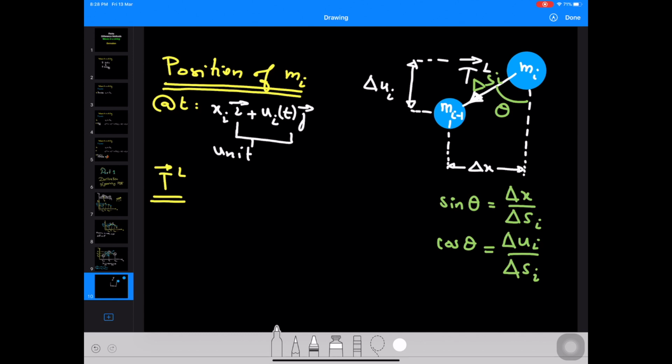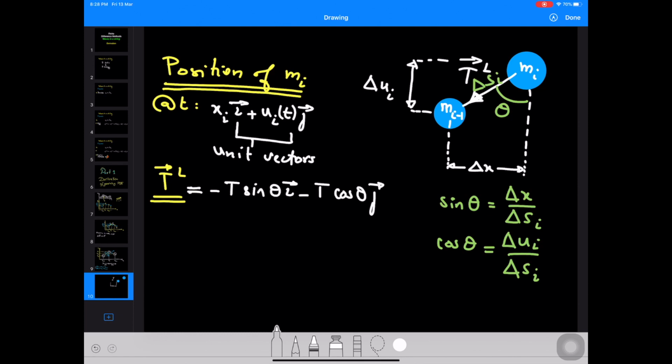These are the unit vectors. Good. Now we will decompose the left tensile force T into a component on the x-axis and another component on the y-axis, or the vertical displacement axis. So it will be equal to, good.